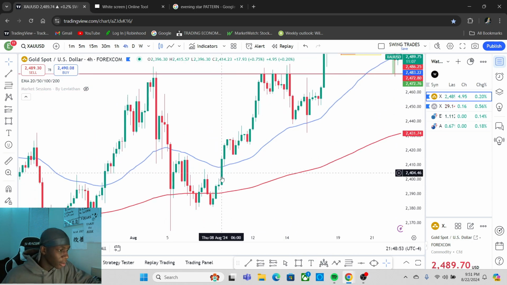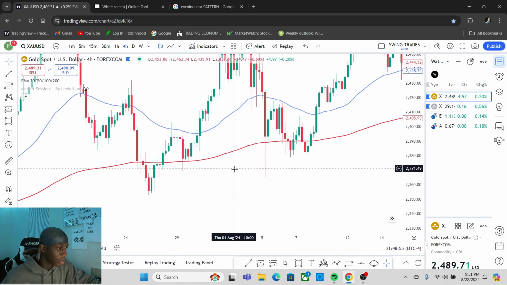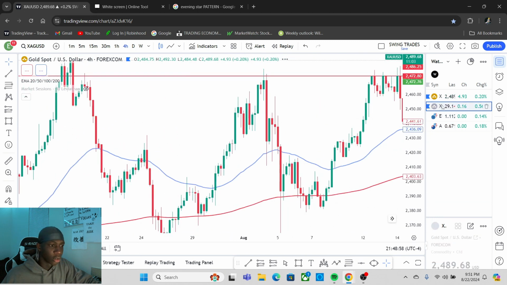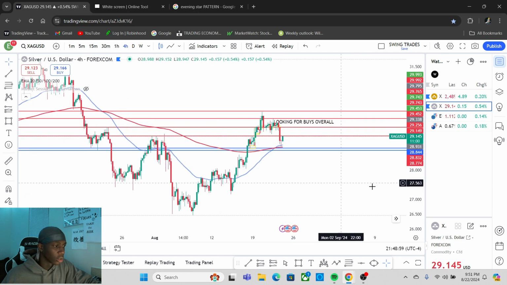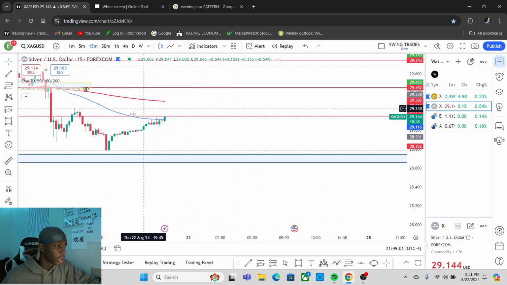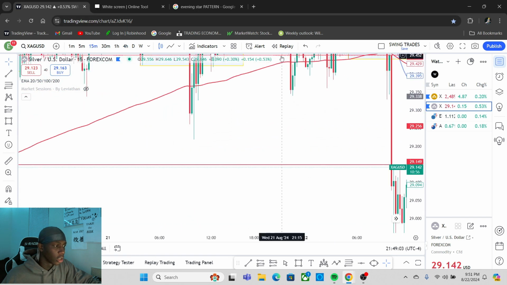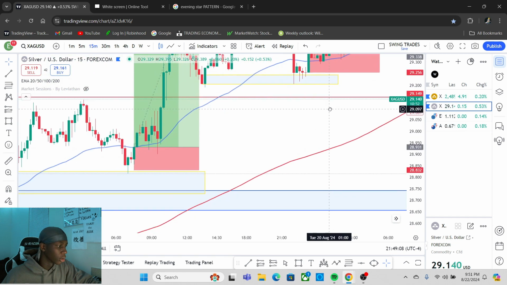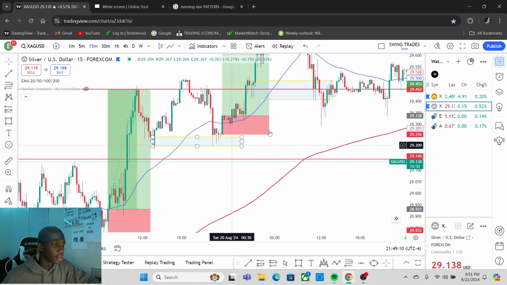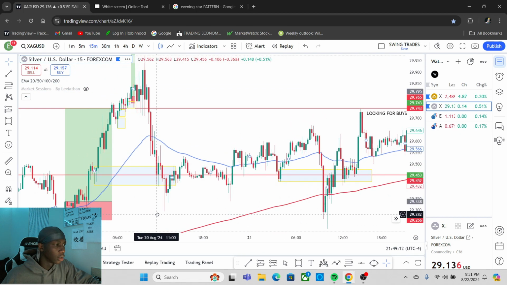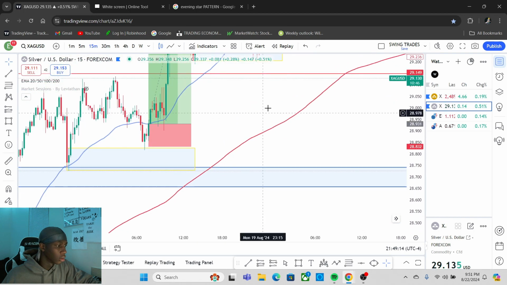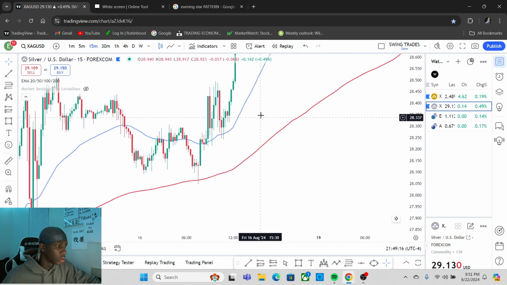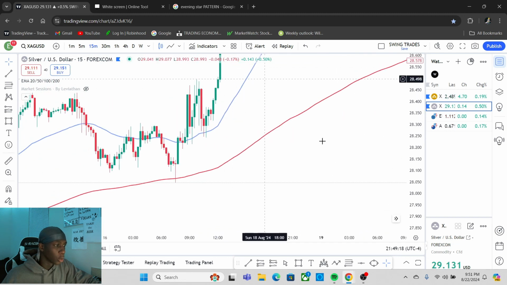There's one right here, but it didn't do exactly what I wanted it to do. Actually, let me go on silver. There's beautiful ones on silver. I could have taken a trade on this, and I didn't. All right, cool. We're gonna use this one right here.